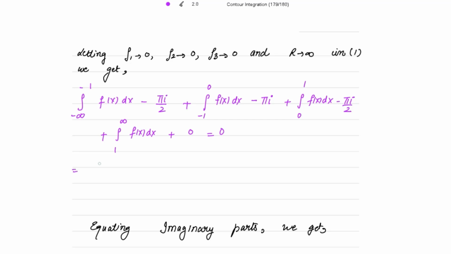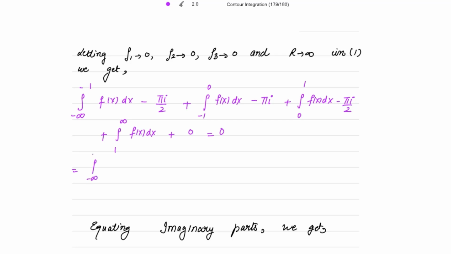So this is minus pi iota by 2 and minus pi iota by 2, pi iota with negative sign, and this is also negative pi iota, so this will come to the left hand side, becomes 2 pi iota.